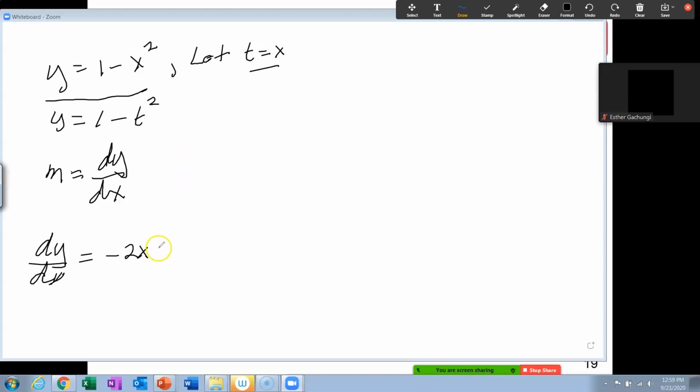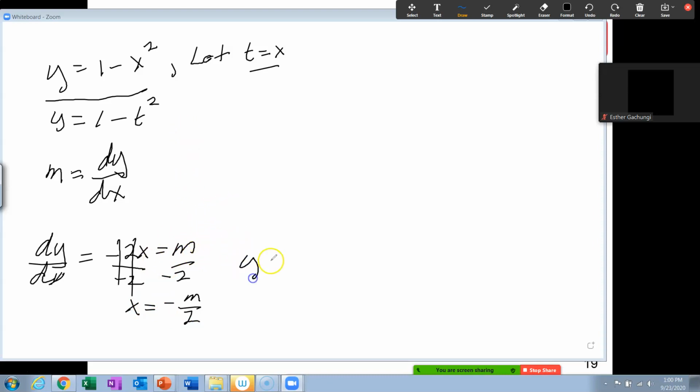And this is our m. Well, from that we can see, divide both sides by minus 2, and you get x is equal to minus m over 2. Once we have that, we can plug that in here.